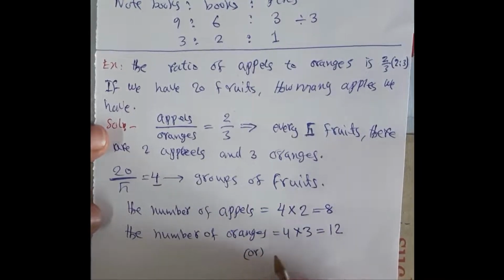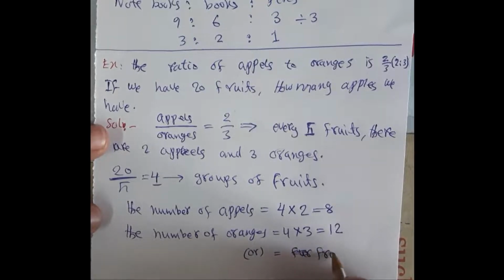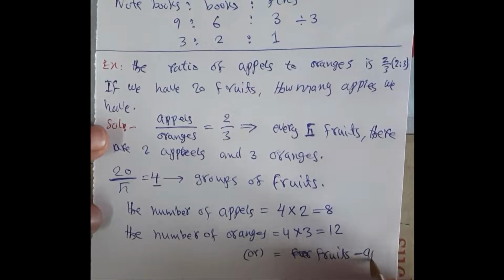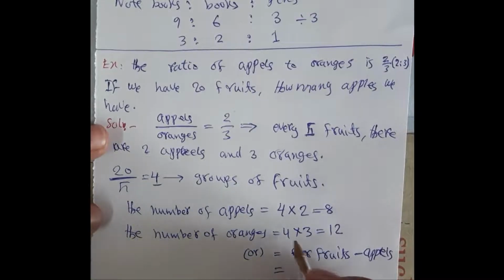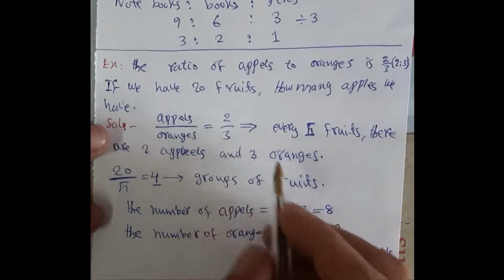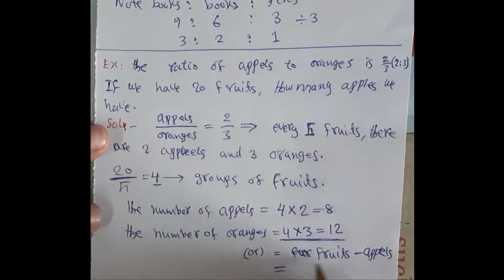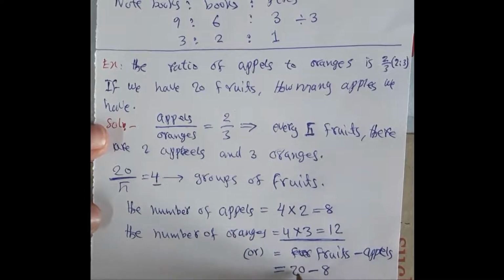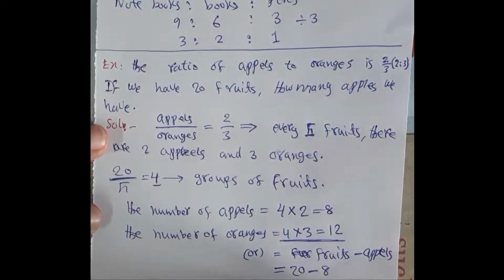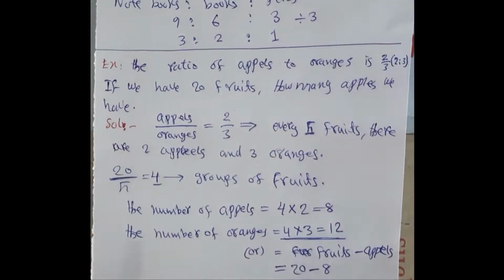Or we can write it as all fruits minus apples: 20 minus 8, it will become 12. 12 oranges we have. It is the solution of this example.